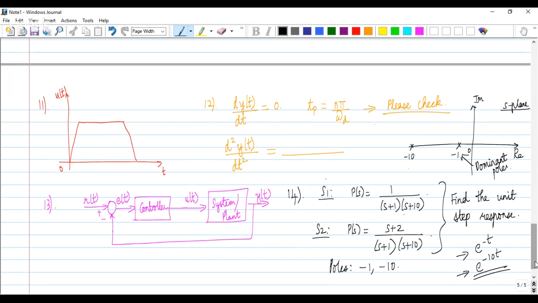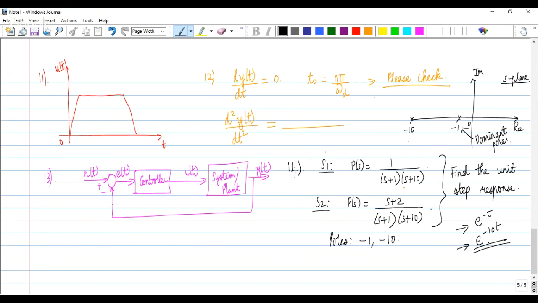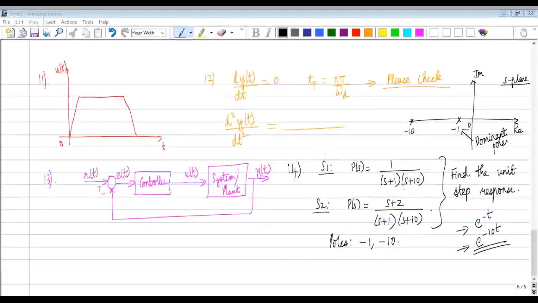So the transient response is going to be affected more by the exponential which has the exponent at -1, which is the e power -t term. So consequently, you can immediately observe that the dominant pole essentially dominates the dynamic response, the transient response of the system.